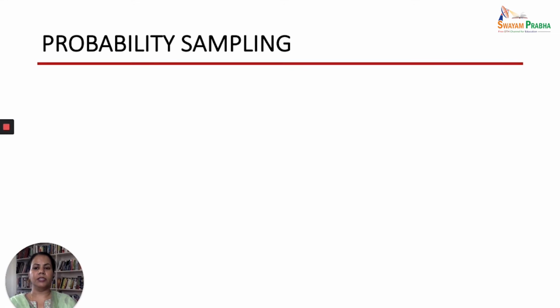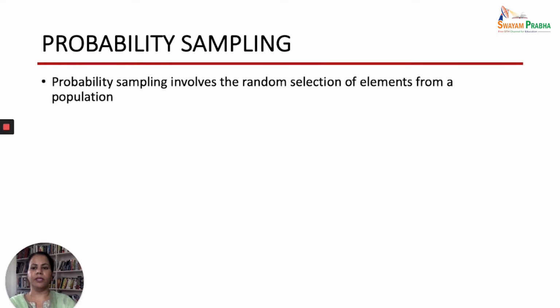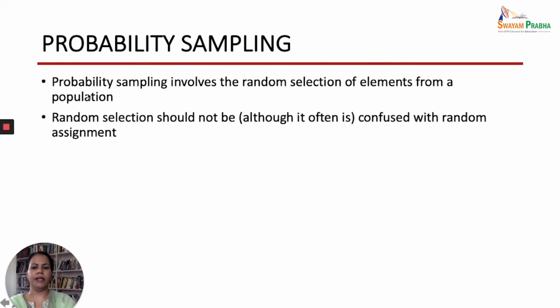Now coming to another important type of sampling design, that is the probability sampling design. Probability sampling involves the random selection of elements from the population. So here we select the subjects from the population randomly. Random selection should not be confused with random assignment. When we talked about experimental research designs, we talked about random assignment.